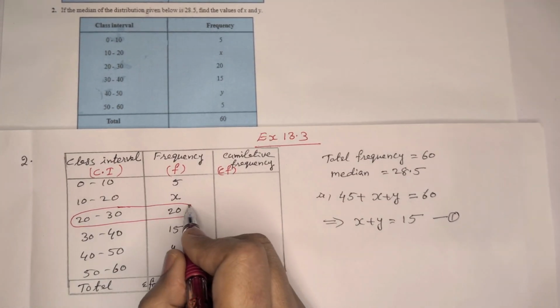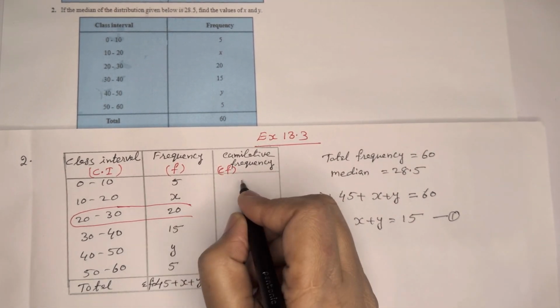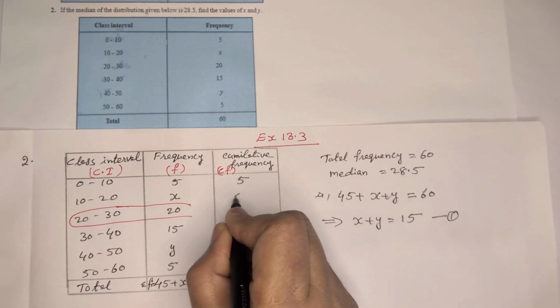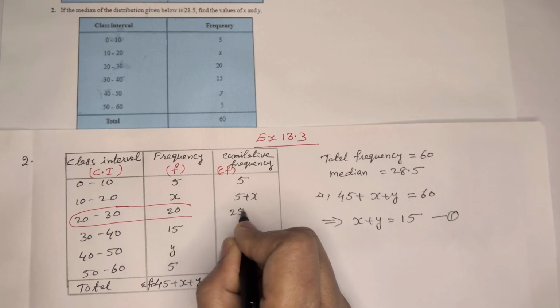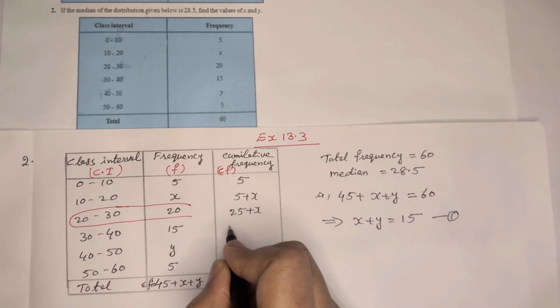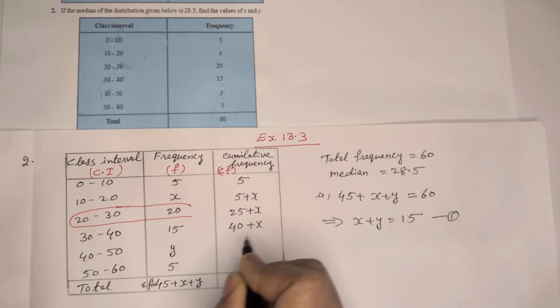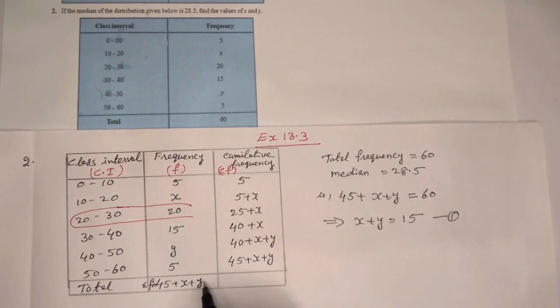Also we have to find the cumulative frequency. When we are finding the cumulative frequency, first one is the same, 5, then 5 plus x, then plus 20, 25 plus x, then 15, 40 plus x, then 40 plus x plus y, then 5, 45 plus x plus y, the same as the total here.